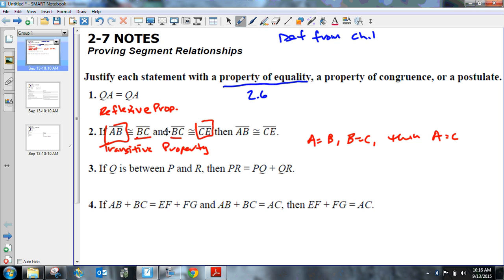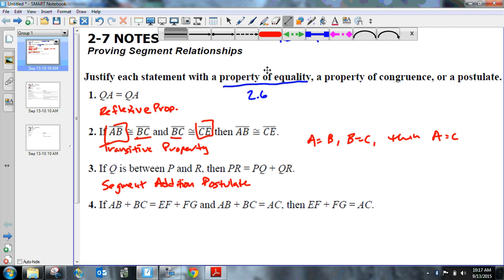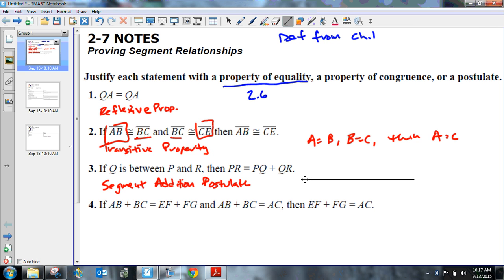All right. So then it says if Q is between P and R, then PR is equal to PQ plus QR. All right, and this is the segment addition postulate. And so what I've got here, one way to think about this is to actually just draw a picture.